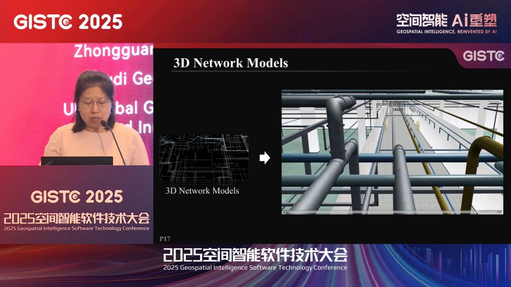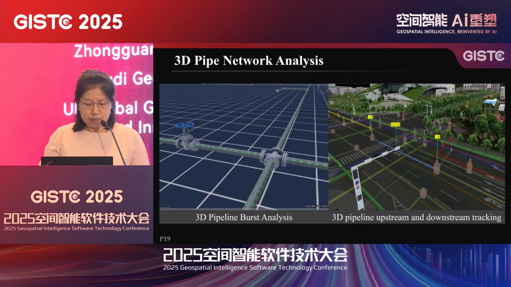SuperMap allows us to combine pipeline attribute data with symbol models to customize various types of manholes and covers, enabling large-scale tailored urban underground pipeline networks.